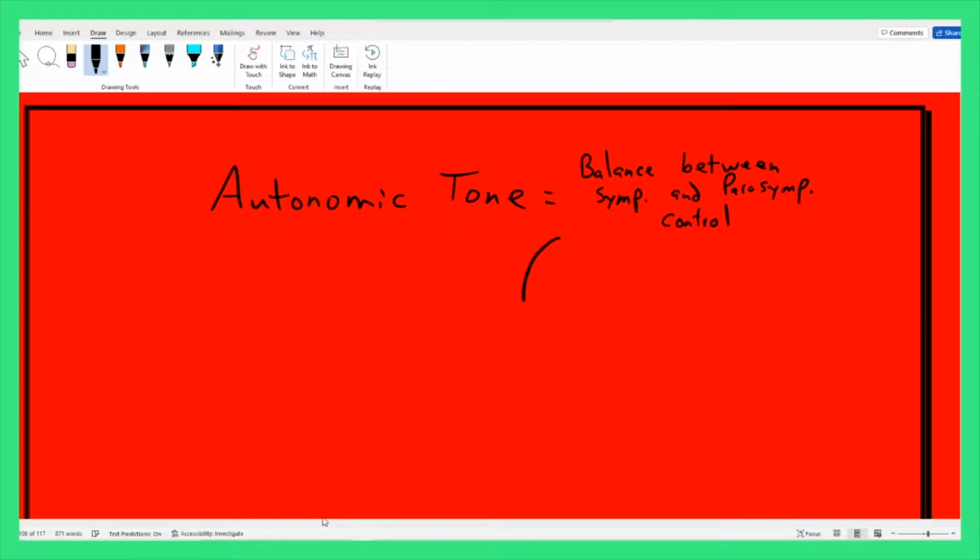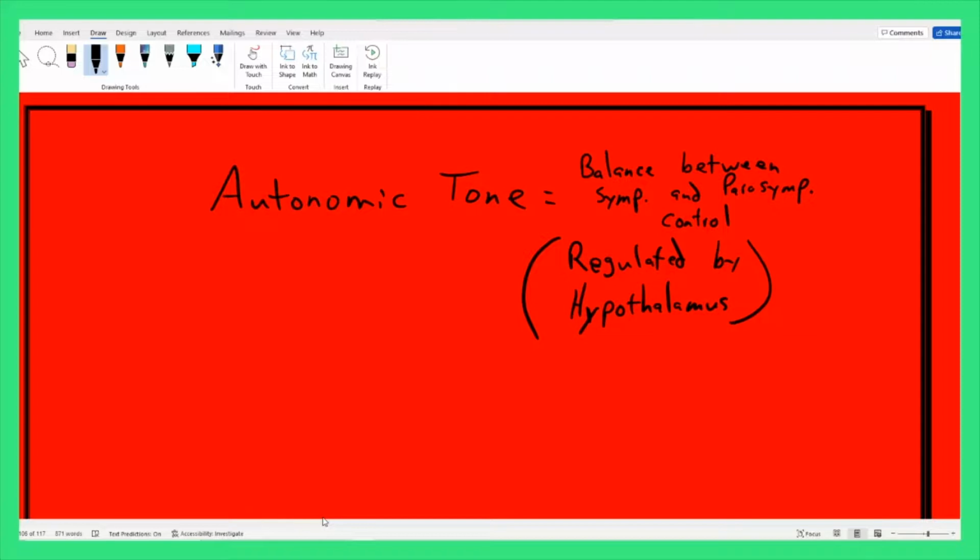It's actually overall regulated by your hypothalamus. Remember, that's the part of our brain in charge of the autonomic nervous system, which is all motor all the time.